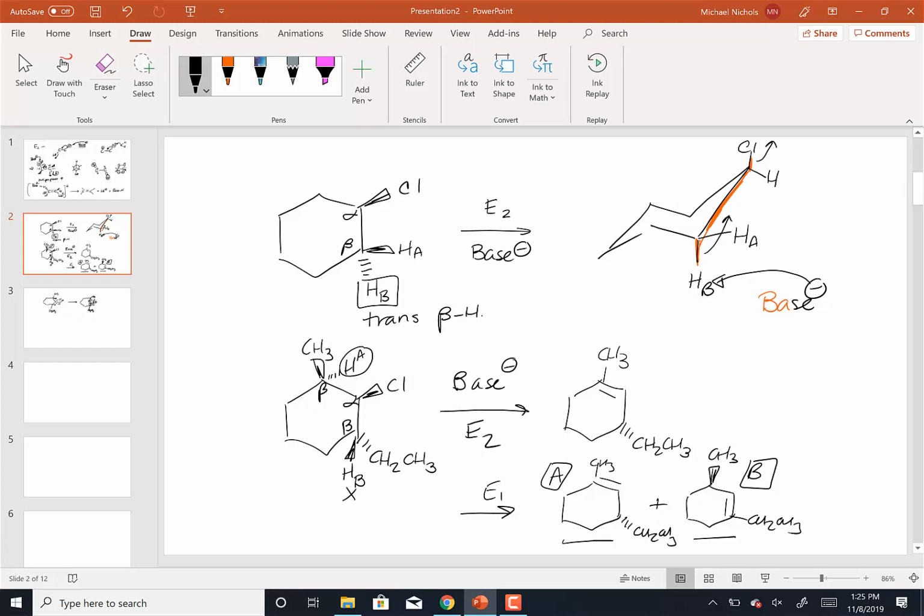If I called those A and B, which one's the major product? Your choices are A, B, or both. So which one's the major product? A, B, or both?